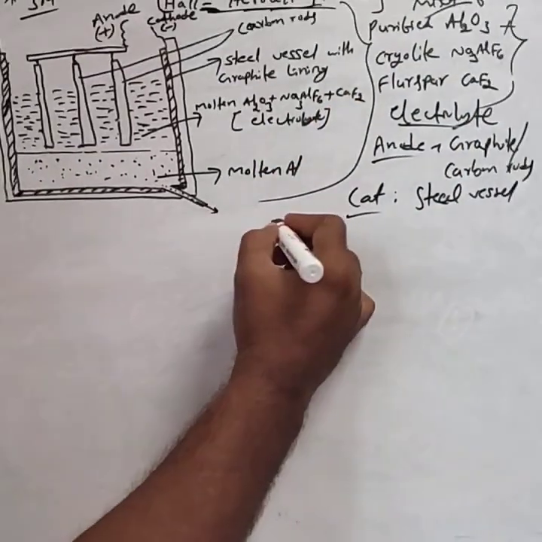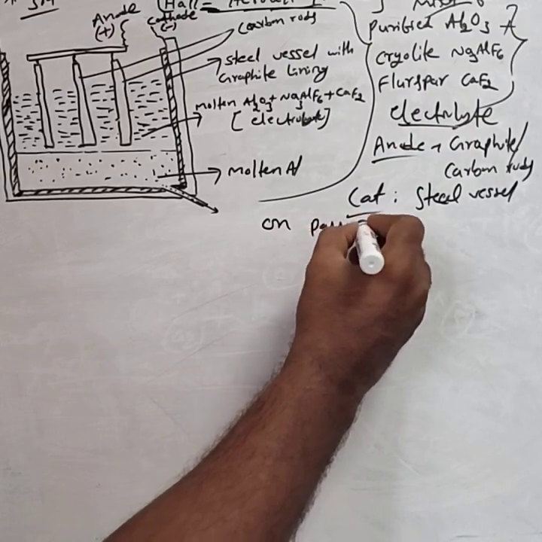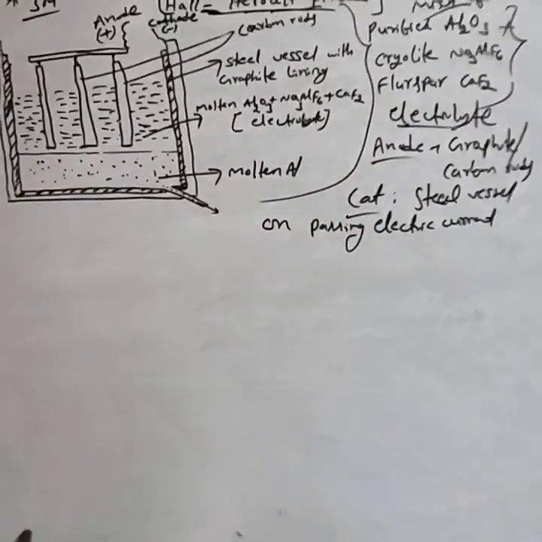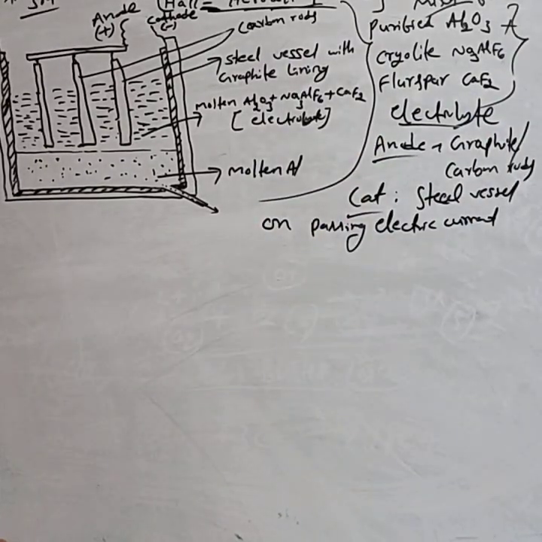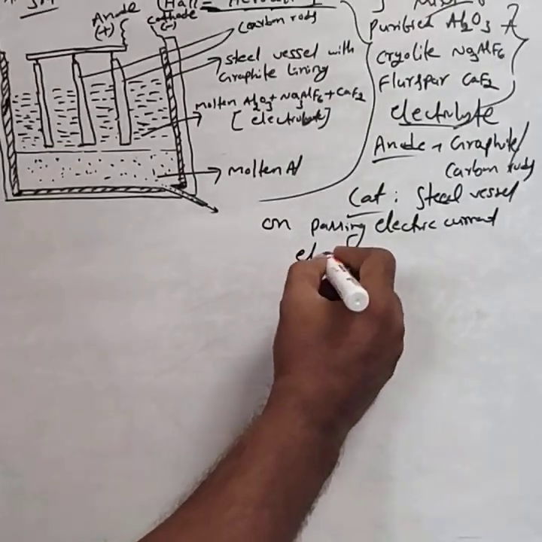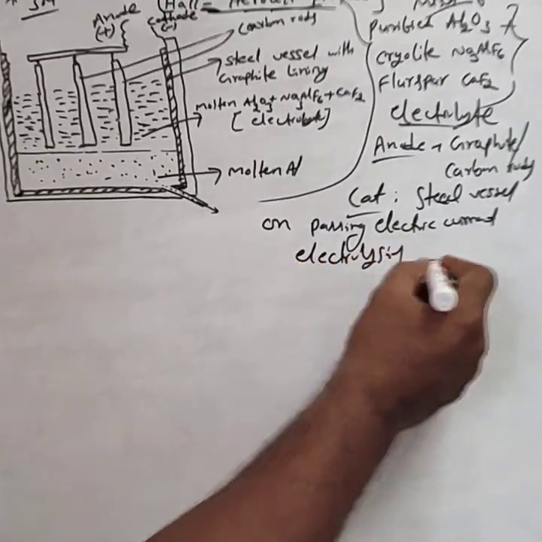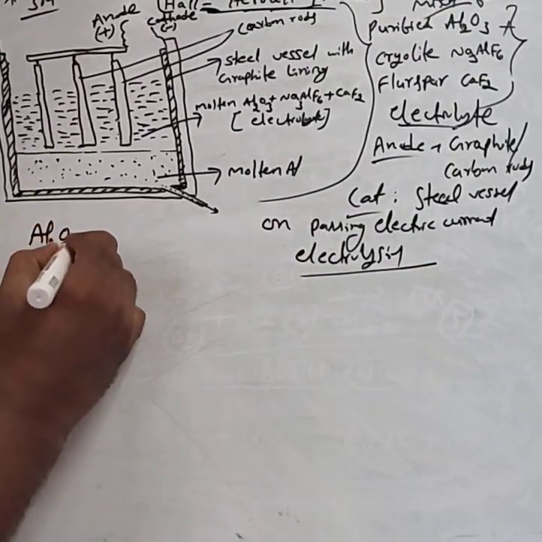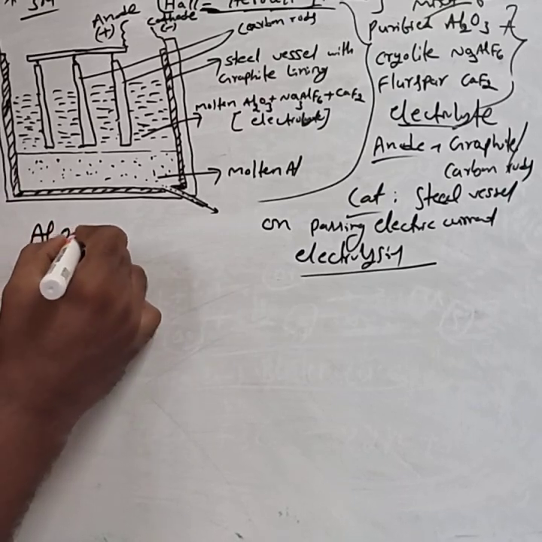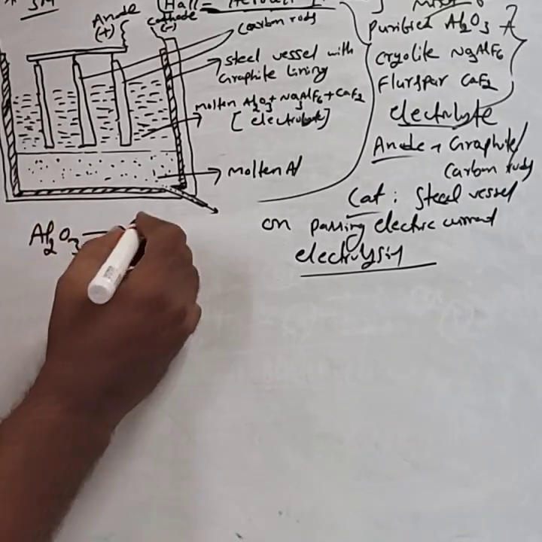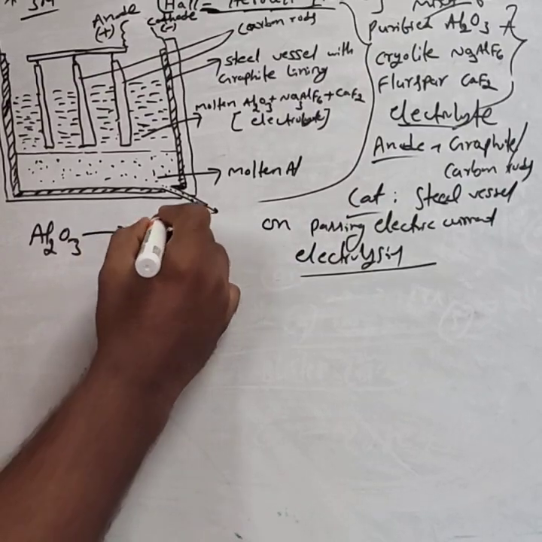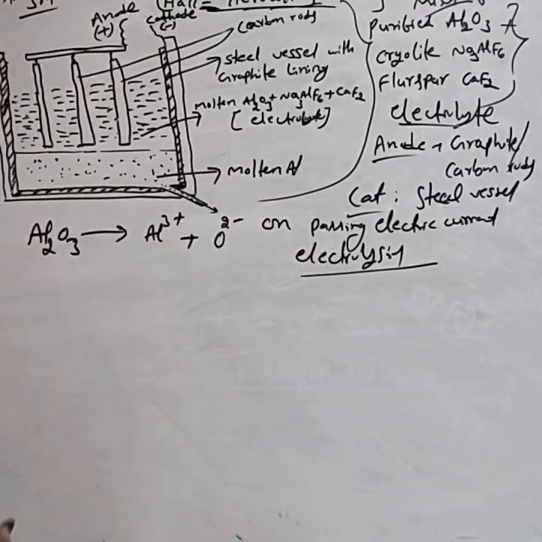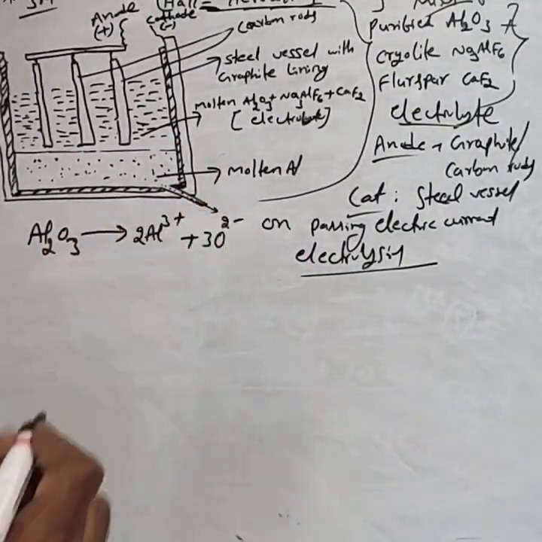Next, on passing electric current, electrolysis takes place. Al2O3, the electrolyte, on passing electric current converts into 2Al3+ and 3O2-.